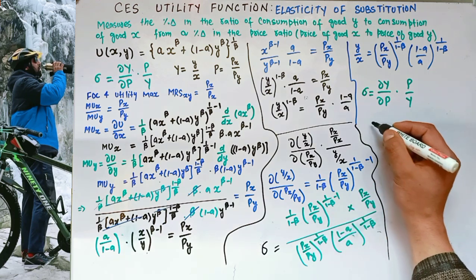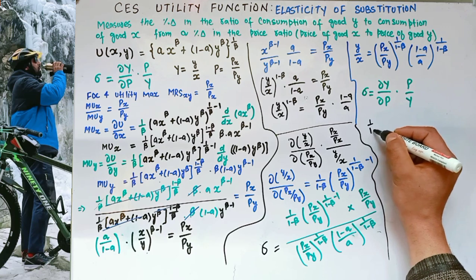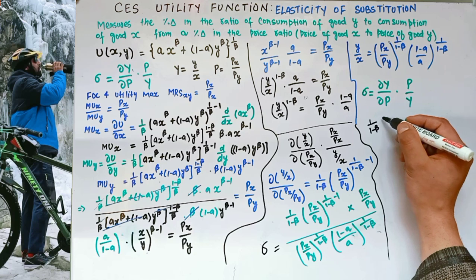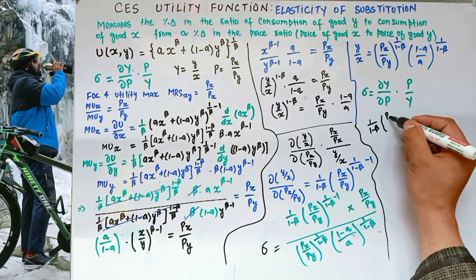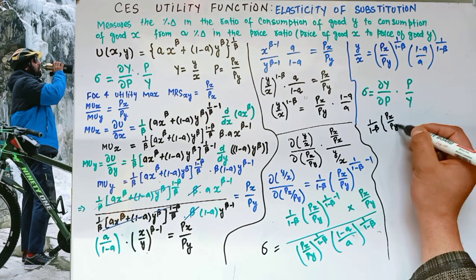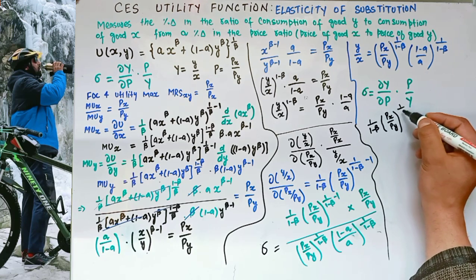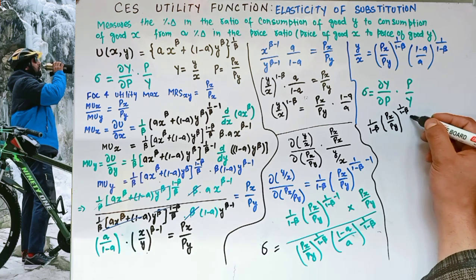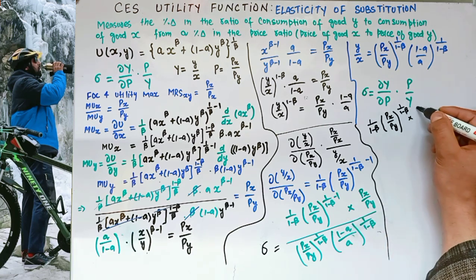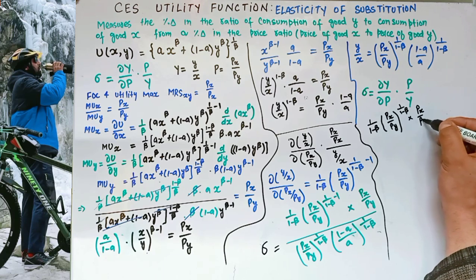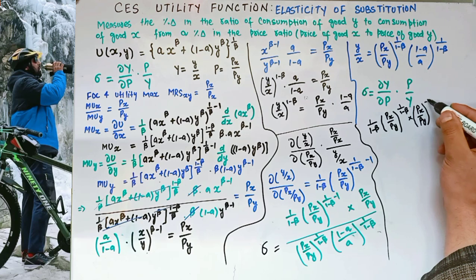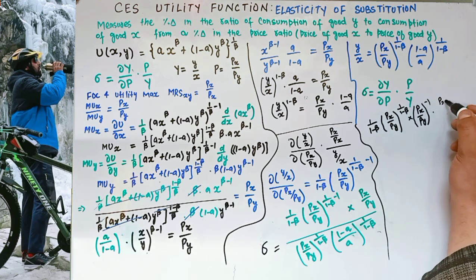We have 1 upon 1 minus beta, px upon py raised to the power 1 upon 1 minus beta, times px upon py raised to the power minus 1, then px upon py.